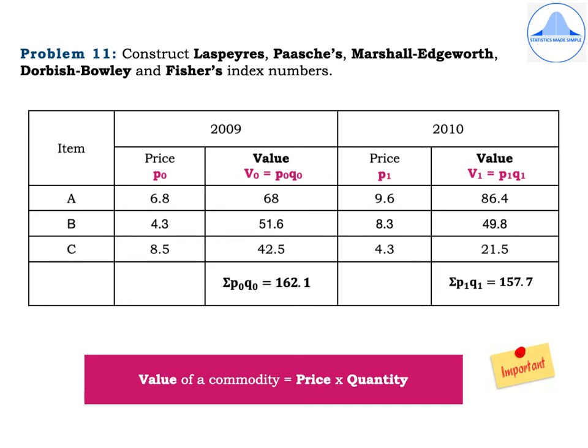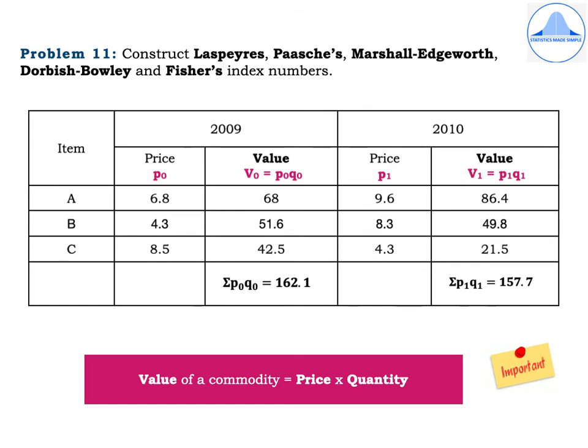In this particular problem, the prices and values are given for the base year and the current year. So remember that the price of a commodity into the quantity of a commodity is nothing but the value of a commodity, or value is equal to price into quantity, as shown in the pink colored box. So the prices for the base year 2009 are marked as P0.